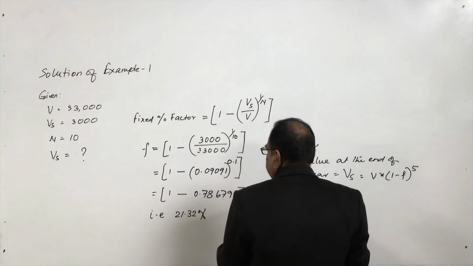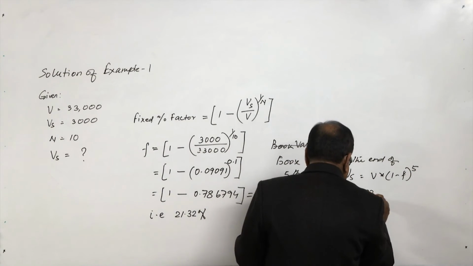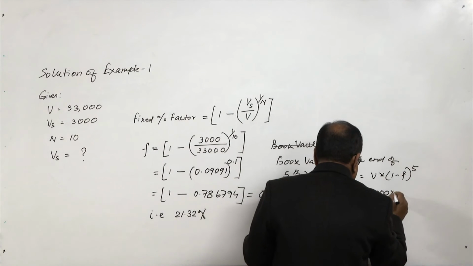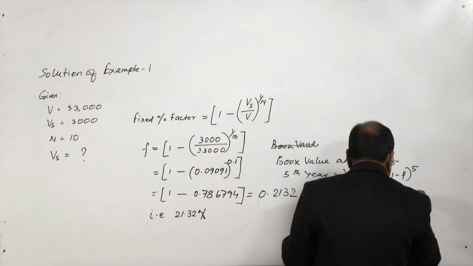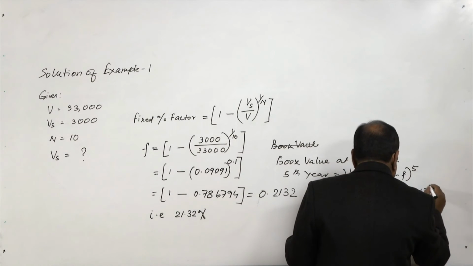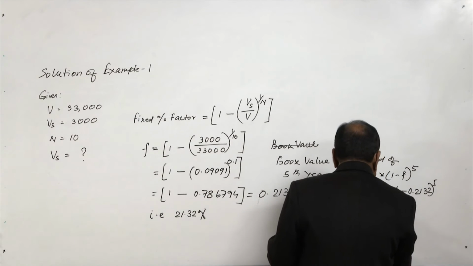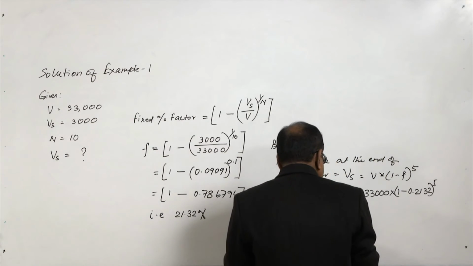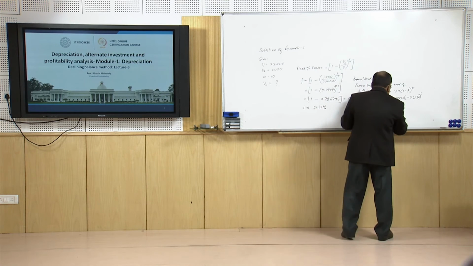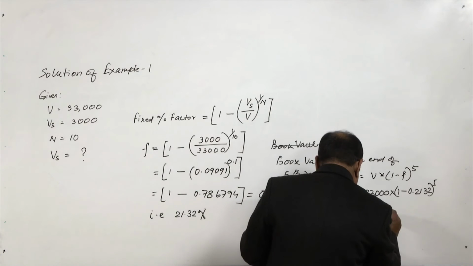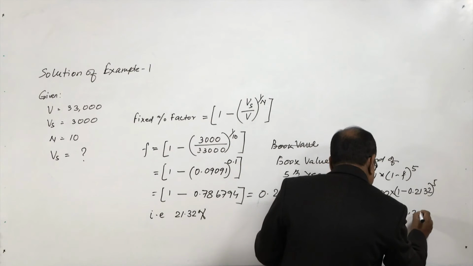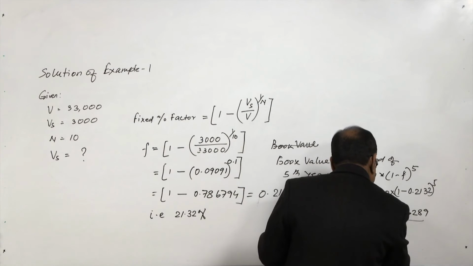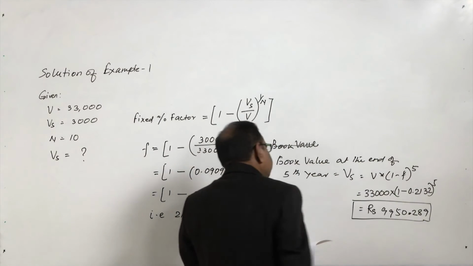This is 33,000 into (1 minus 0.2132) to the power 5, and this comes out to be rupees 9950.289. This is our answer.